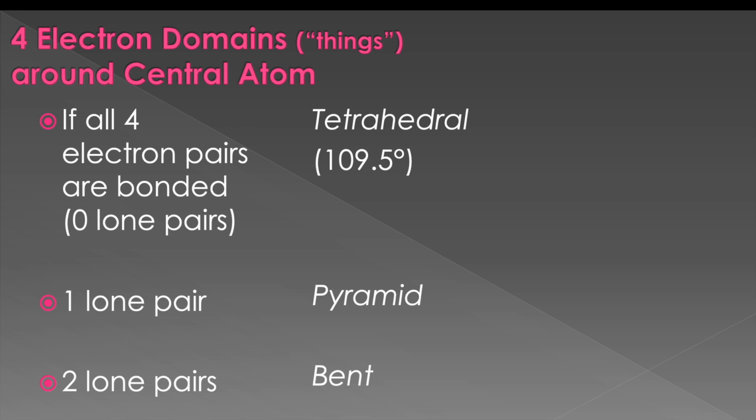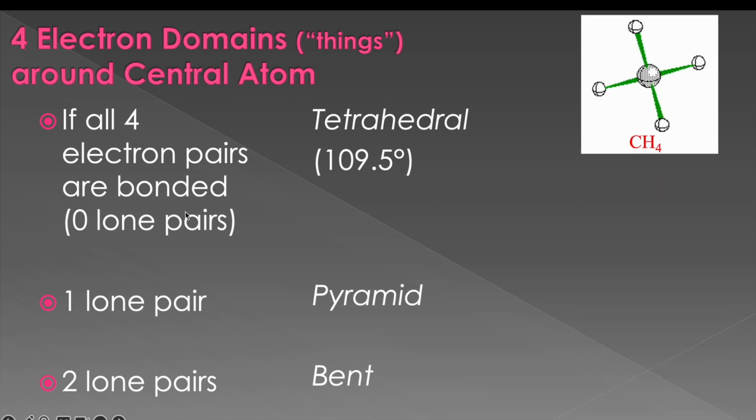So if all four of four electron domains or things around the central atom are bonded and there are no lone pairs, we call this a tetrahedral shape. And a good example of a tetrahedral shape is CH4. There's 109 degrees between the bond angles. It's trying to spread out as much as possible.